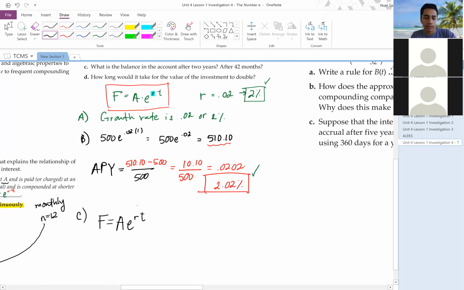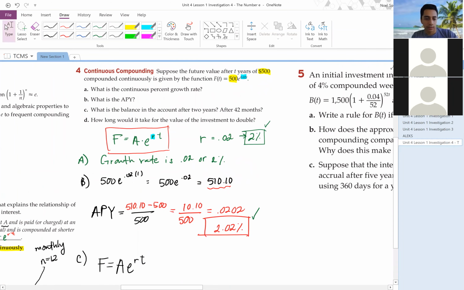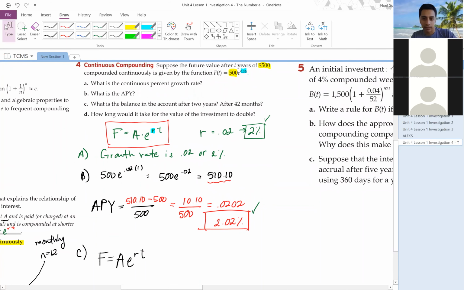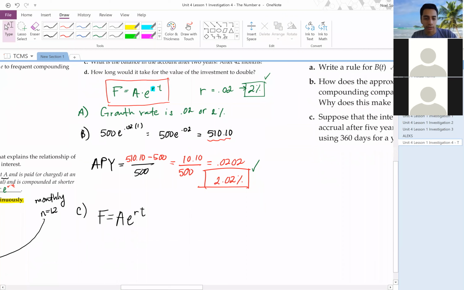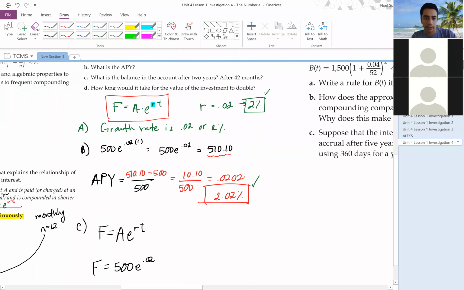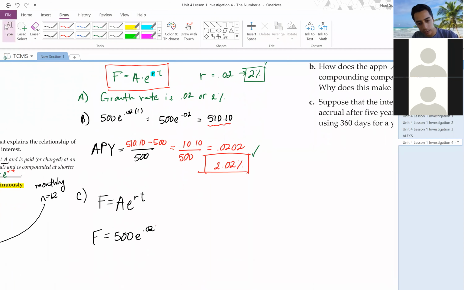We know that the initial investment she made was $500, and the rate of interest is given by 0.02. Sorry, 0.02. And the information we're given here is after 2 years, so we can use 2 for time.